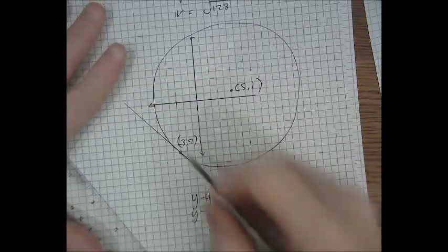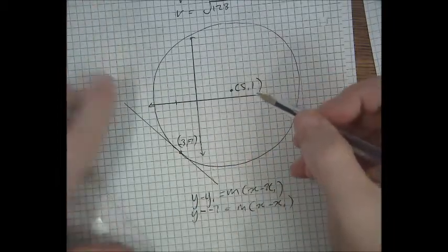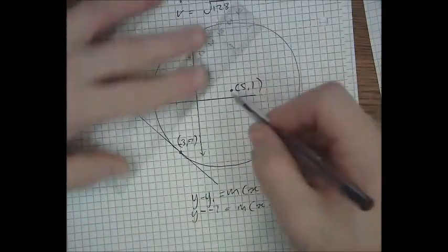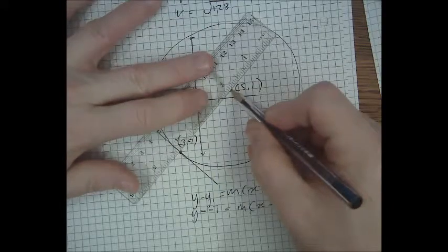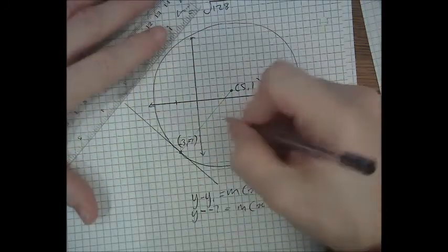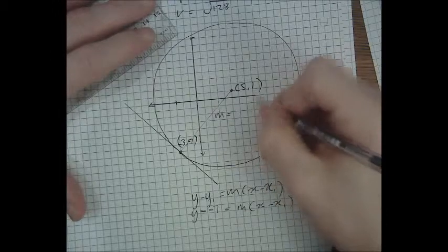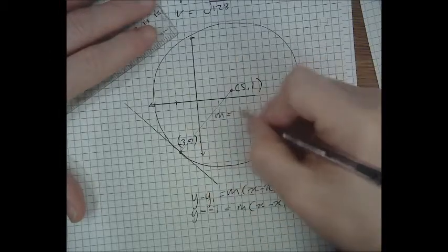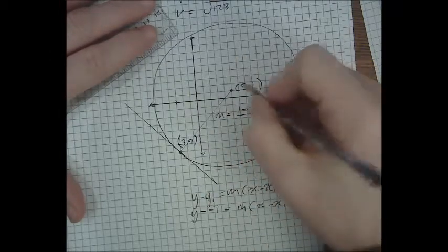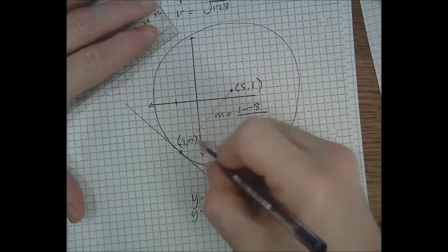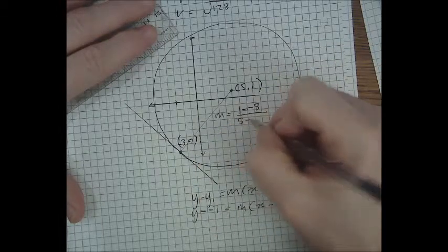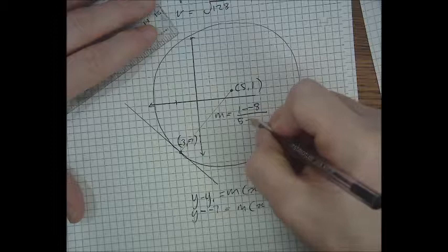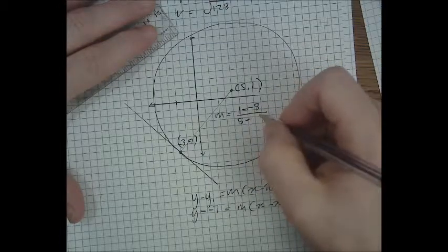The gradient of this, well, let's work out the gradient of this, even though we're not asked to. The gradient of that is the second y minus the first y over the second x minus the first x. Oh wait, I don't know why I wrote that.